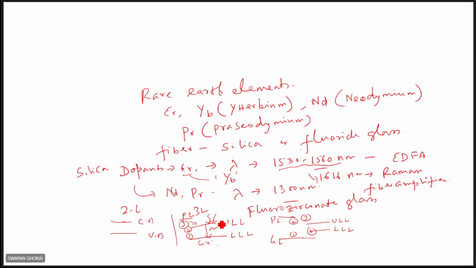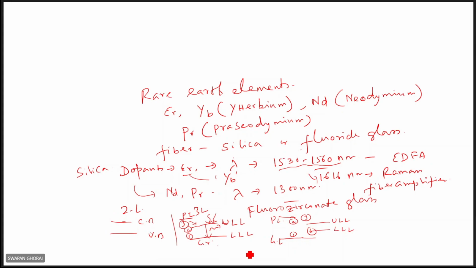In 3-level lasers, there is a pump band, an upper lasing level, and a lower lasing level. So there are different types of lasers.